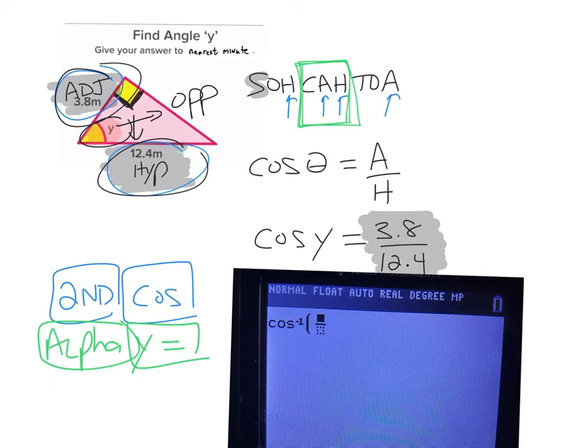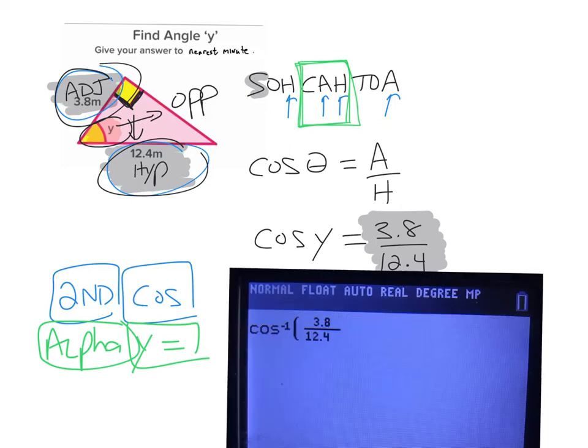So in this case, 3.8 over 12.4. Now we want to close the parentheses. So move the cursor out from next to the 12.4 and then press close parentheses above the 9 button.